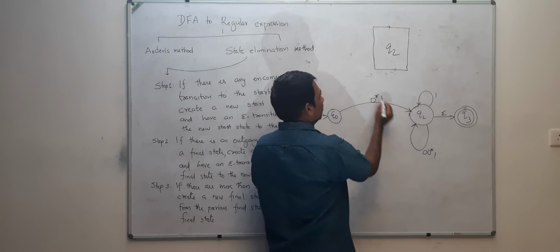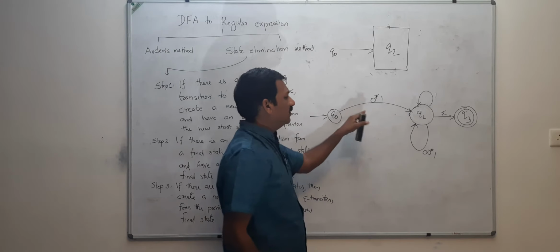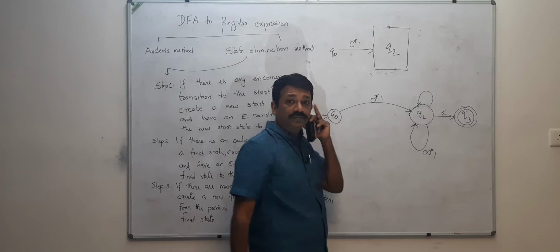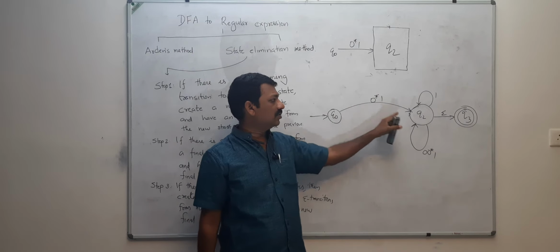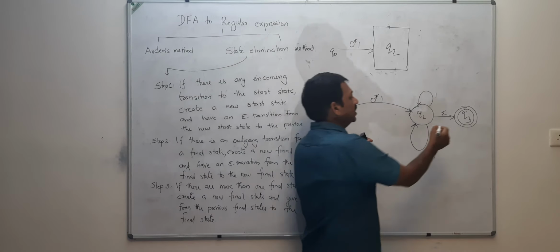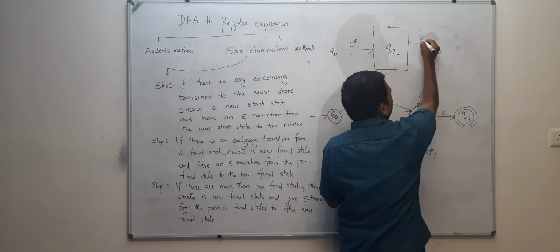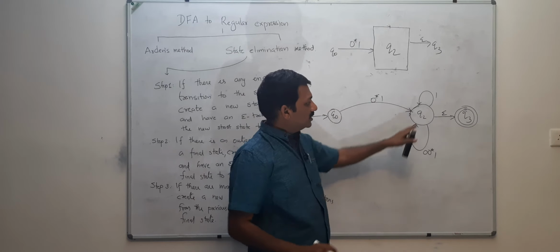See, what is the incoming transition? It is coming from Q0 and is labeled 0 star 1. And there is an outgoing transition to Q3 which has label epsilon, and there is a loop.